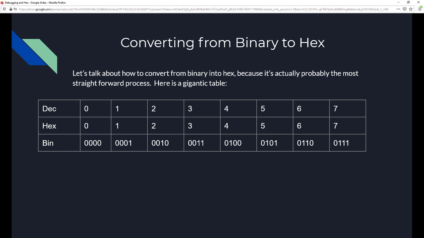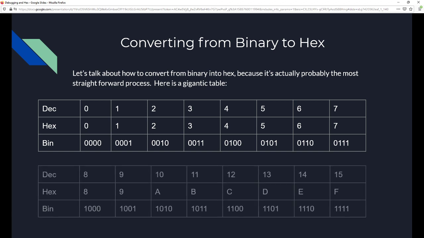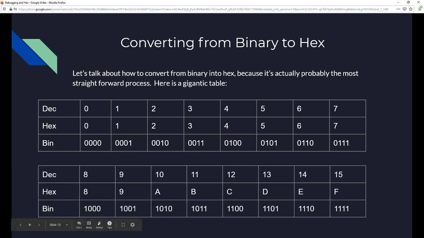If you convert all of these, they're all equal to 0, 1, 2, 3, 4, 5, 6, 7. So all of these things match. The hexadecimal matches the decimal, and the binary makes sense. And then here's the place where it differs. 8 is 1000, that's still okay. 9 is 1001, and A is now 10. So that's the place where this starts to differ.